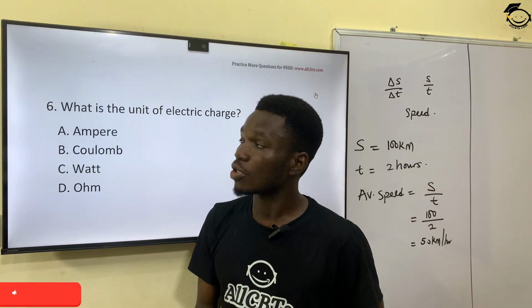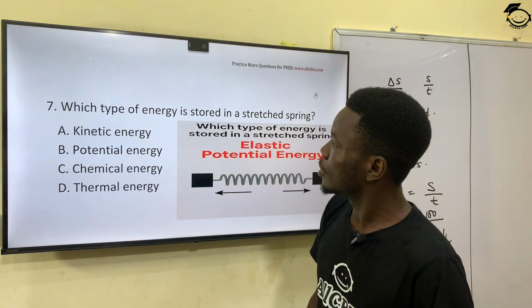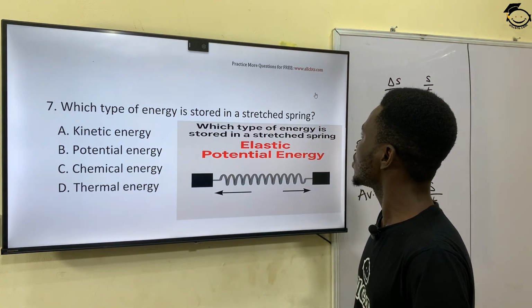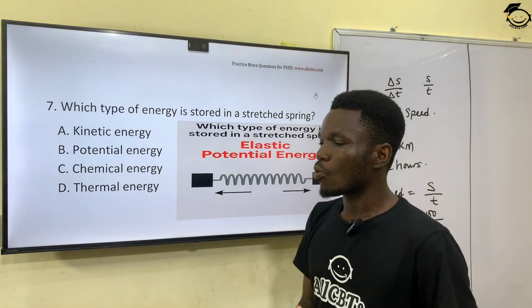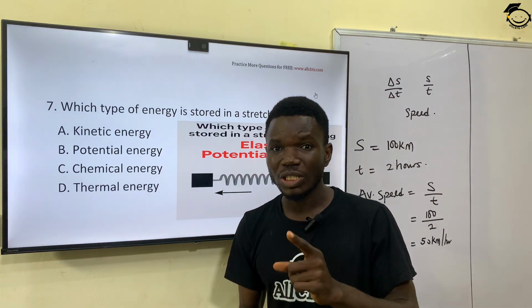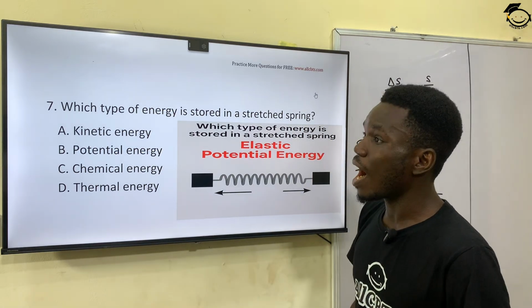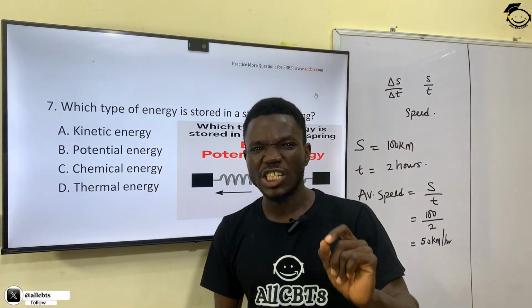So that takes us to question number 7, which says, which type of energy is stored in a stretched spring? In a stretched spring, what you have is elastic potential energy.